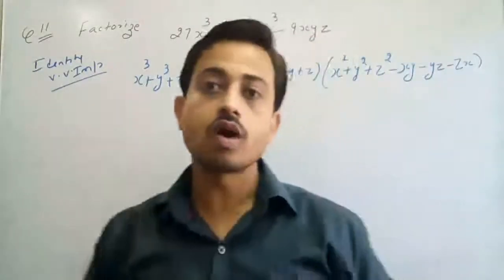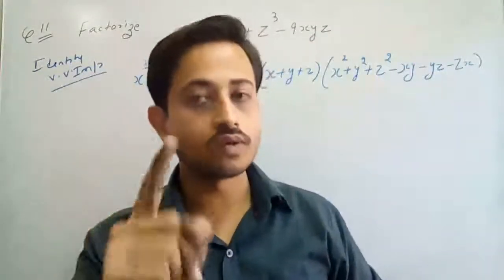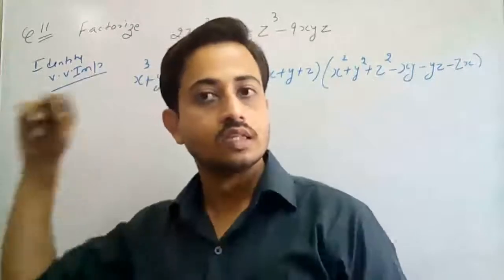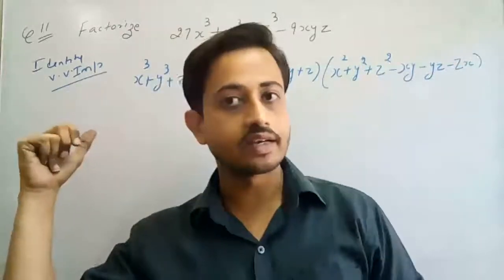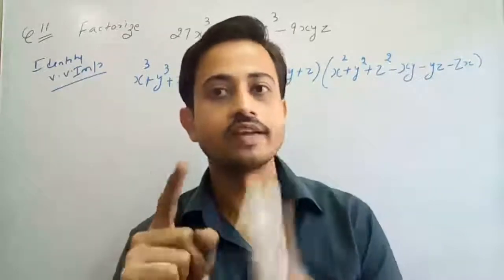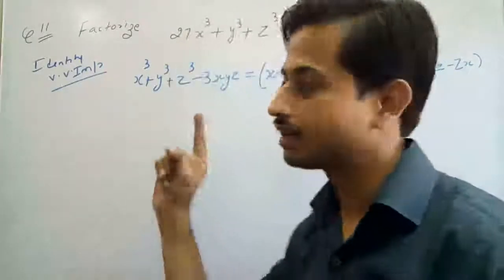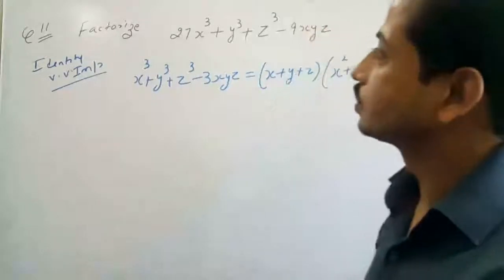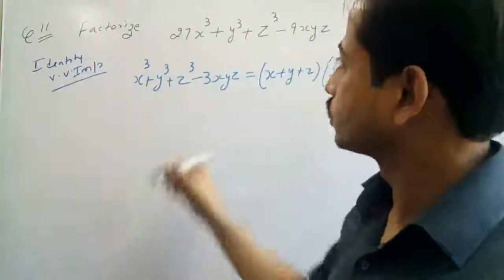It's very important. You should always learn these identities because such identity-based questions will always come in your final exam. So please make a note of this. So please do comparison with that question.